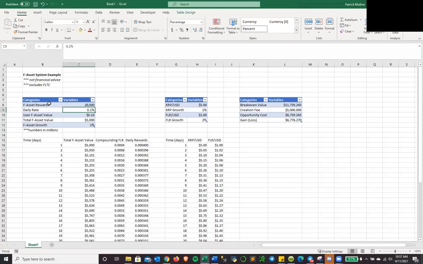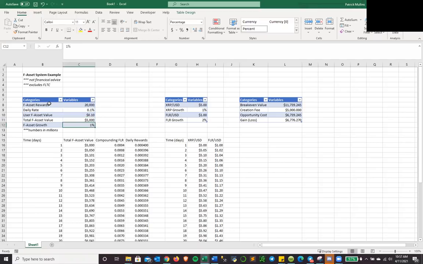And then we're going to say that the user has minted in total between FDoge, FXRP, and FXLM $100,000 worth of F asset value. We're going to say they do this all in XRP for simplicity in this example. And then the total amount of F asset value that's been minted between those 3 is 5 billion from everybody else, including our user in this scenario.